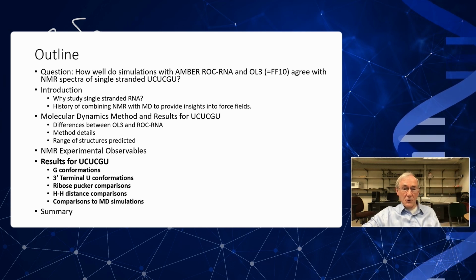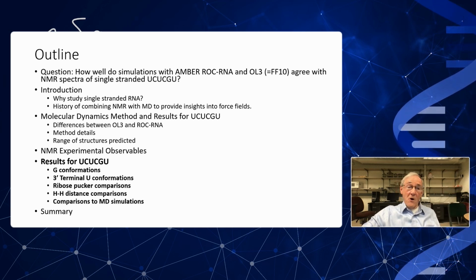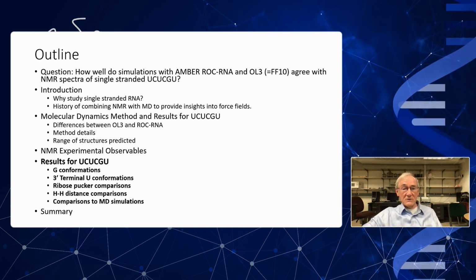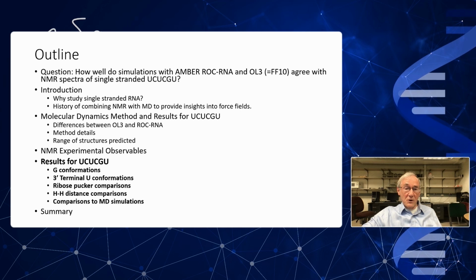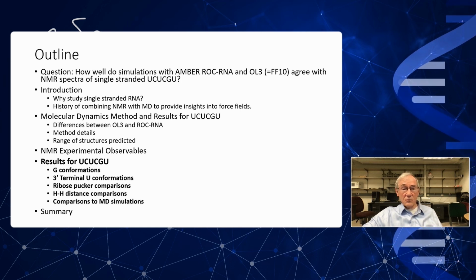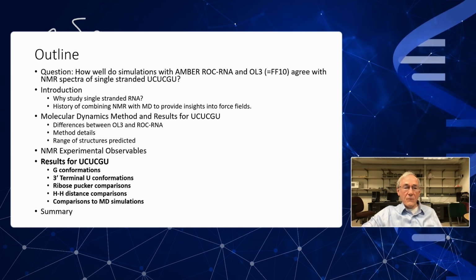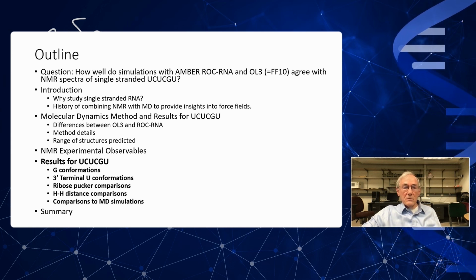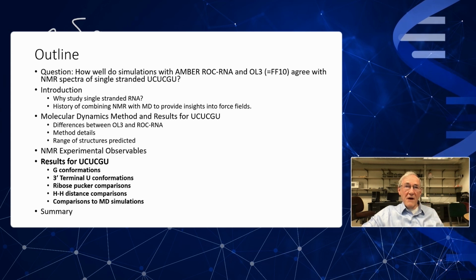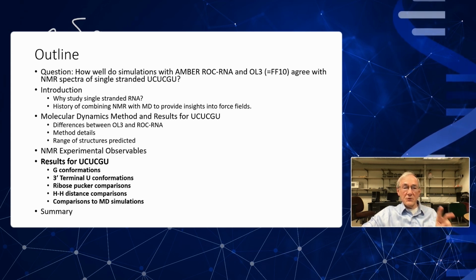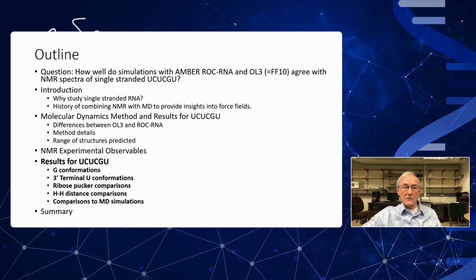And as I showed you earlier, you get far fewer when you use a rock force field than when you're using an OL3 force field, but it's not clear which one is more correct. It's still not clear, by the way. So you have to realize that you're not looking at single structures, you're looking at ensembles when you're looking at a single strand in solution.